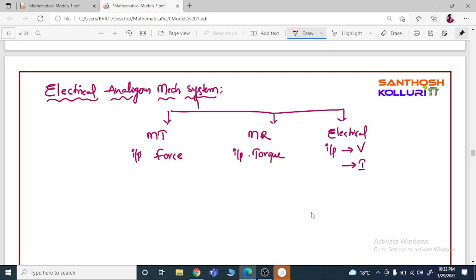So here we can make the analogy between these two systems, mechanical translational and mechanical rotational systems, with electrical systems. So we may be having force voltage analogous and force current analogous.